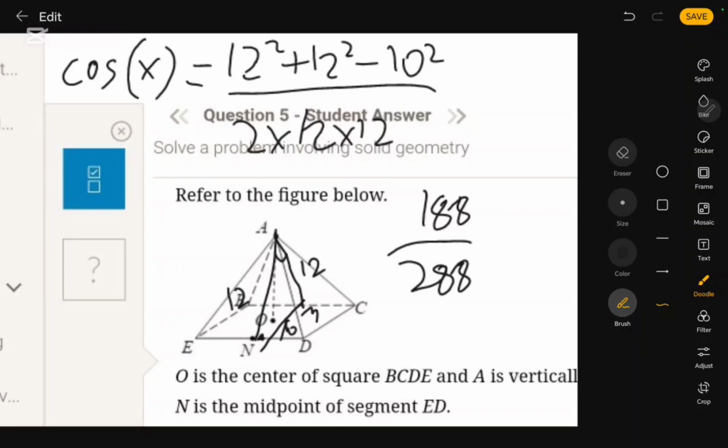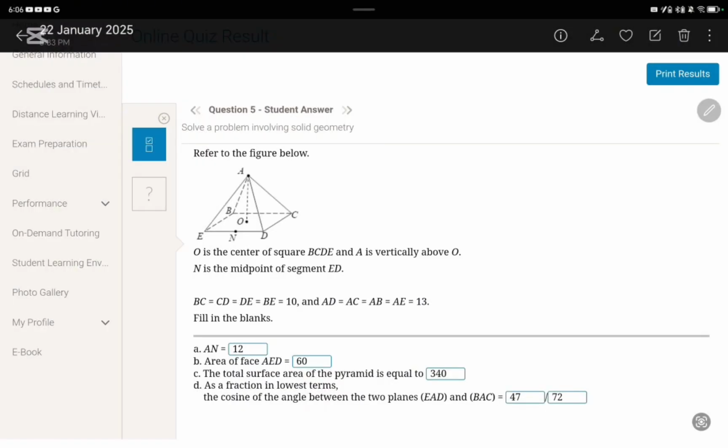Okay, so you just have to keep dividing by 2 until you get a fraction you can no longer divide. So my answer was 47 over 72. Let me check if that's even right. Yeah, okay, good.